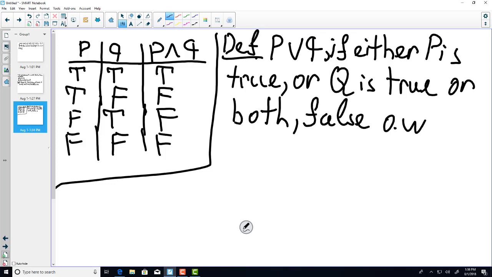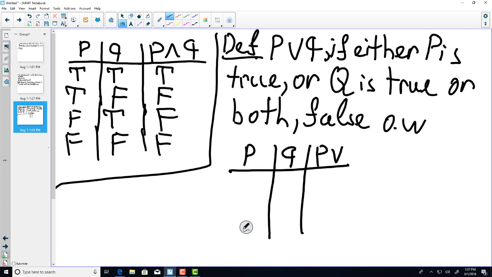Let's try to make a truth table for P or Q. So if P is true and Q is true, P or Q is true. In the case true, false, again we have true.